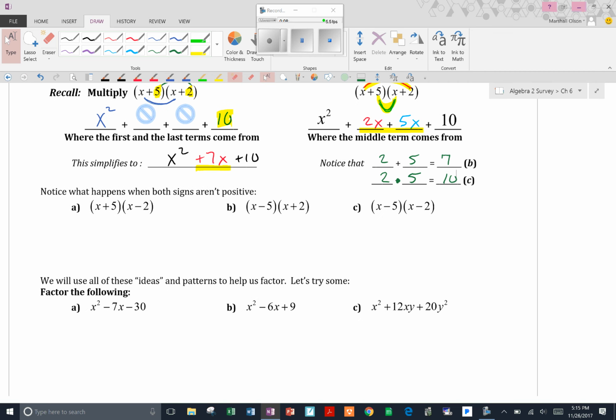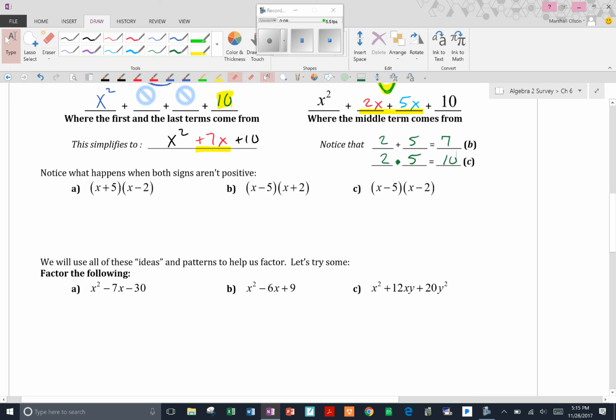Now we're going to talk about what happens when our signs change here. So if we were to distribute all these out here, we would have x squared, and then we'd have negative 2x and positive 5x. So again, I'm combining those two terms in the middle, but it's not going to give us the 7x that it did before because they both were positive.